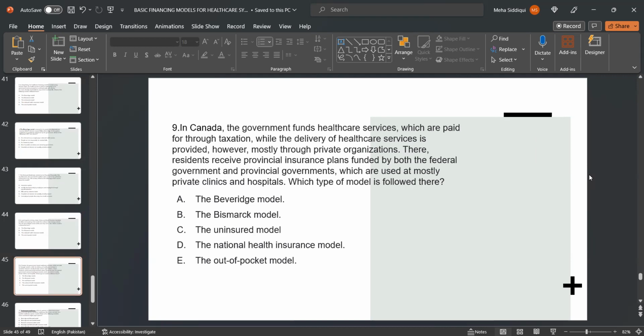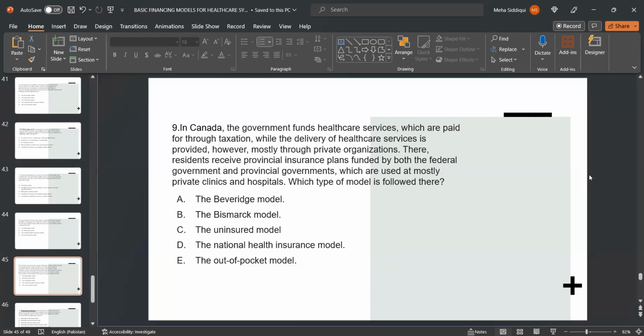MCQ number 9. In Canada, the government funds healthcare services which are paid for through taxation, while the delivery of healthcare service is provided, however, mostly through private organizations. Their residents receive provincial insurance plans funded by both the federal government and provincial governments, which are used at mostly private clinics and hospitals. Which type of model is followed there? The Beveridge model, Bismarck model, uninsured model, the national health insurance model, or the out-of-pocket model.